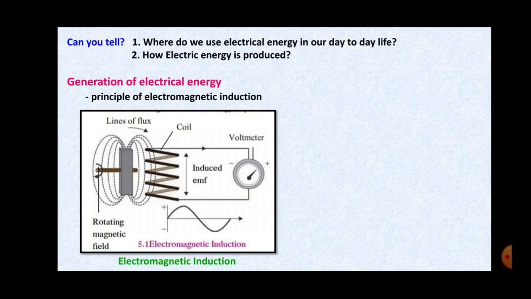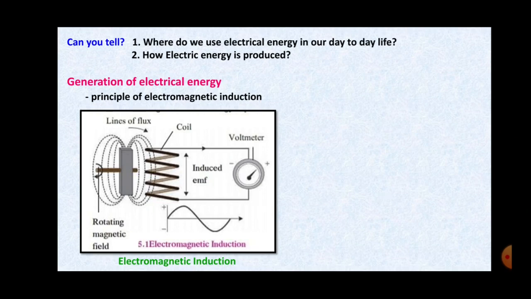The principle is that a potential difference is generated across a conductor whenever the magnetic field around the conductor changes.